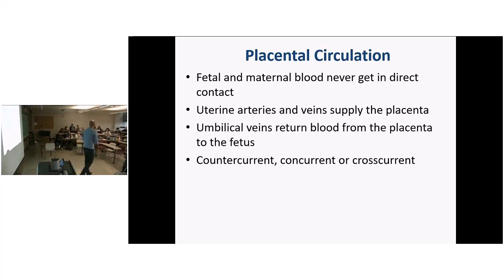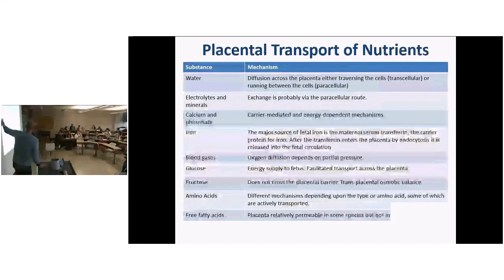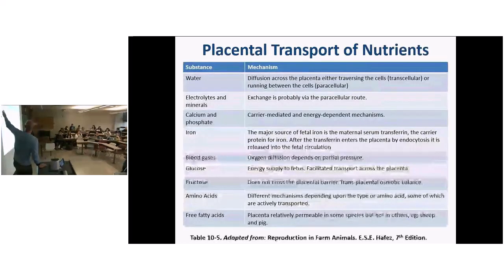So it is not going to be all that new. This table basically tells you more or less how each of these things, calcium, iron, gases, glucose, fructose, amino acids, are transported. Everything inside the fetus will be the same as what is inside the mom in terms of plasma content, though not necessarily, because you cannot transport everything through it.